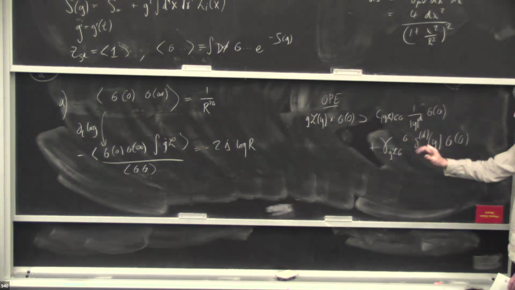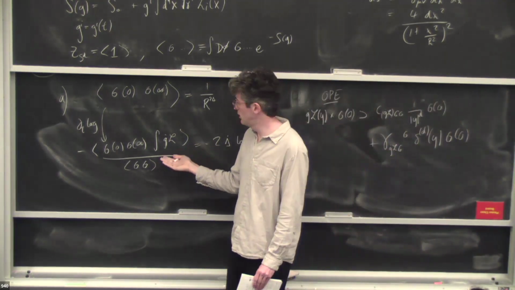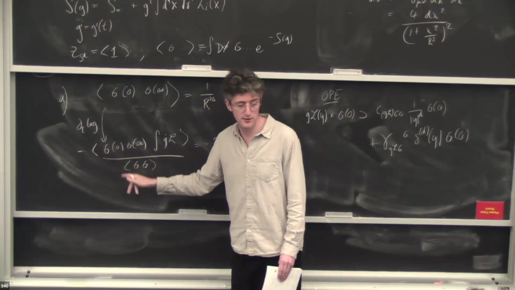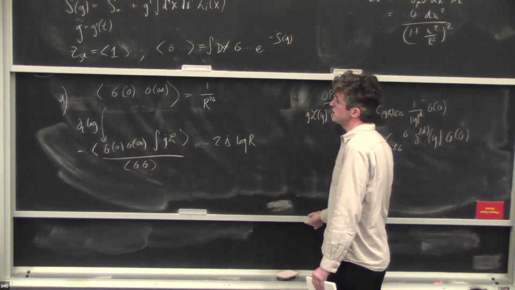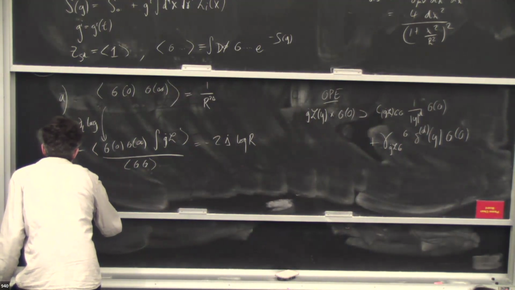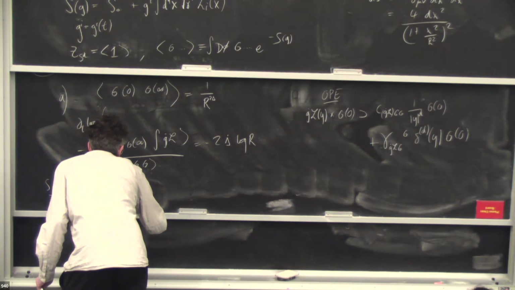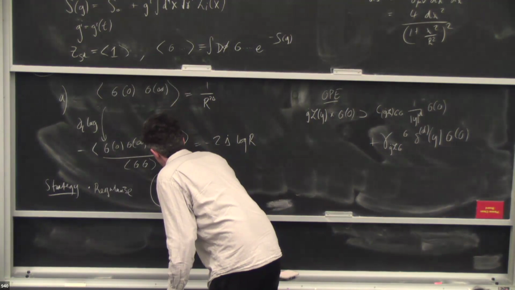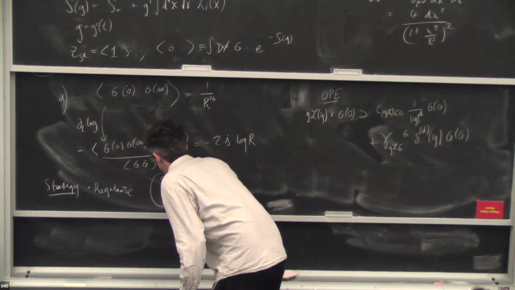So you see, I plug this in, and of course, this integral diverges logarithmically when the marginal operator hits one of these primary operators. I need to regularize. For us, that's going to be excising balls of radius a around 0 and infinity.